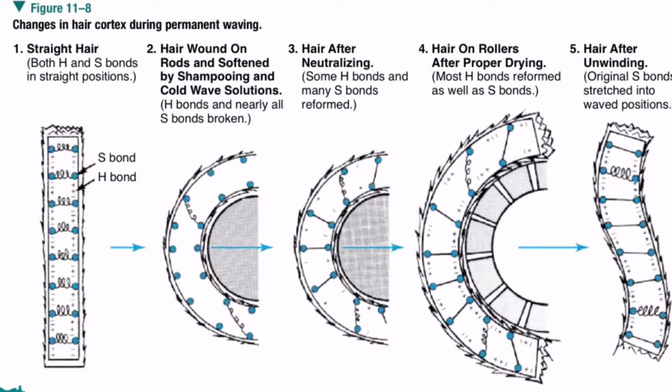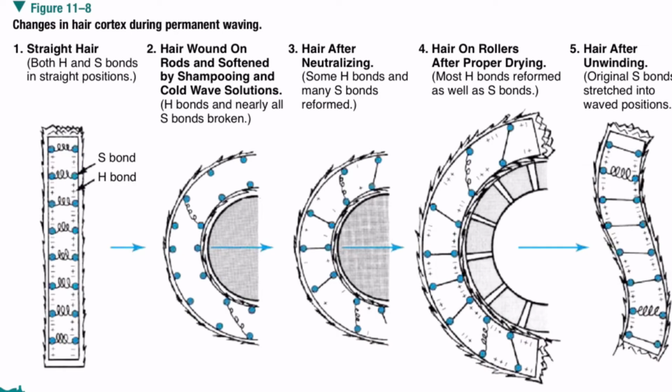Okay, so as you can see on this diagram, in figure 1, the straight hair, both hydrogen and sulfur bonds are in straight positions. Number 2, hair wound on rods and softened by shampooing and cold wave solution. That's perm solution. The hydrogen bonds and nearly all of the sulfur bonds are broken.